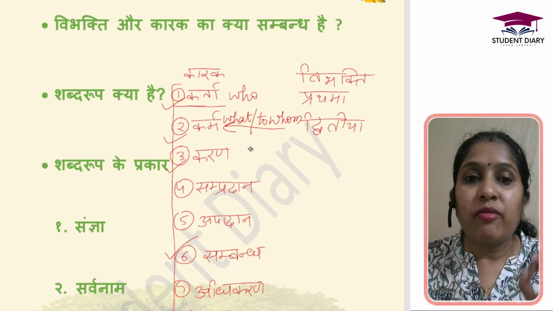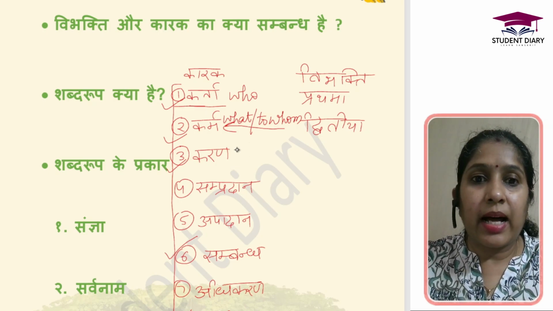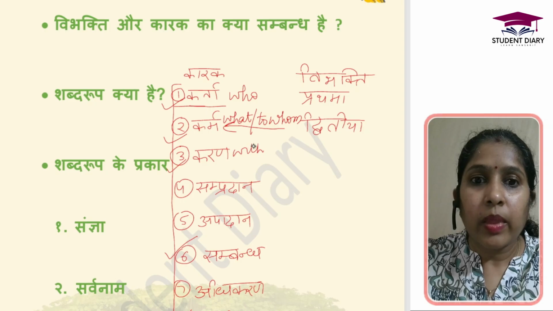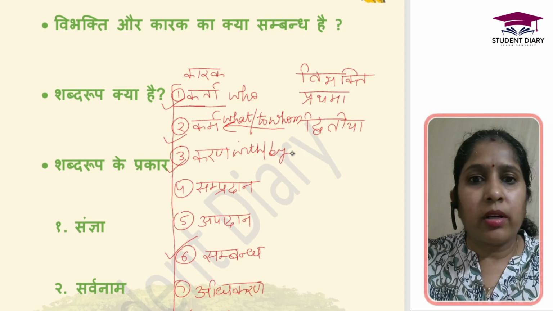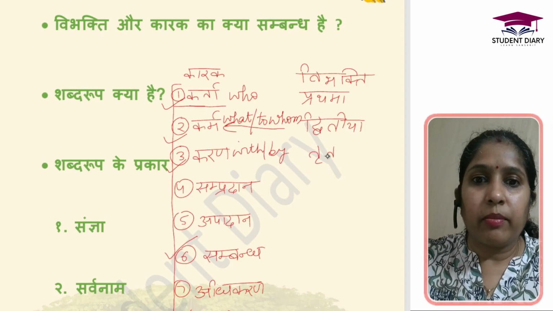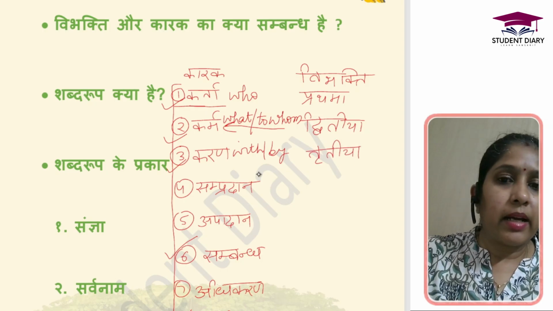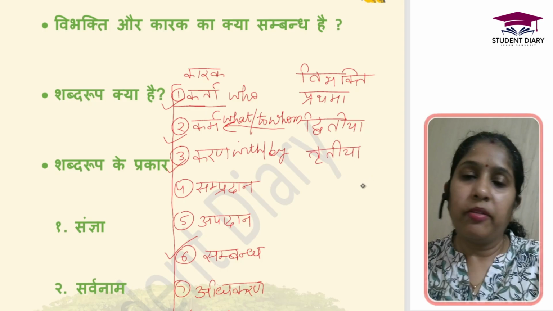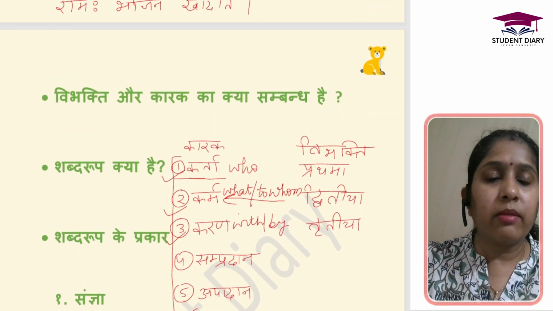That is the karan karak. Whenever we get an answer for with or by for any word, we use tritya vibhakti. For karan karak, we use tritya vibhakti. Fine. Now what can be the example?